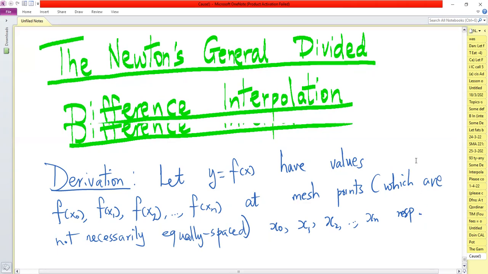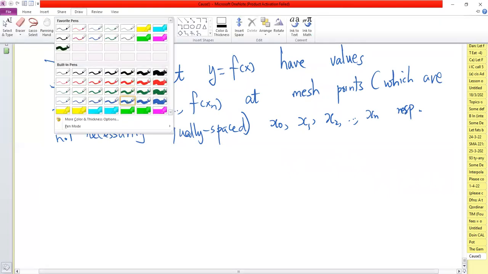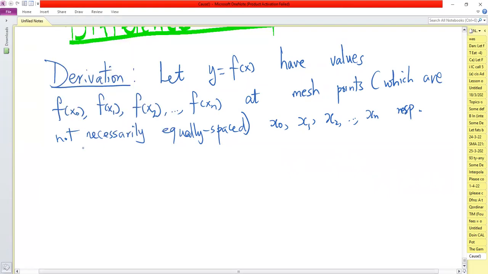Then by definition, we can define the first divided differences of the values x0 and x1 from definition.